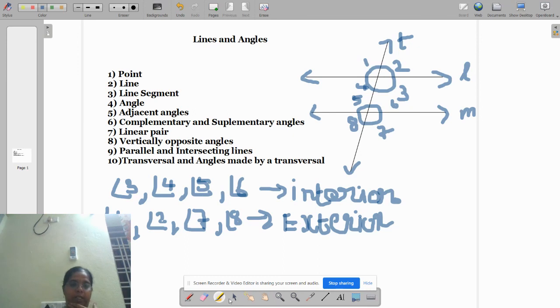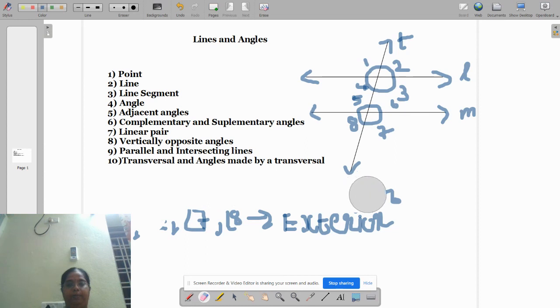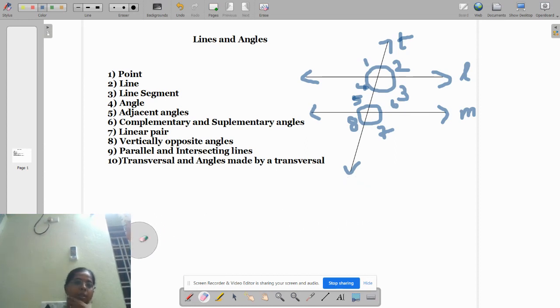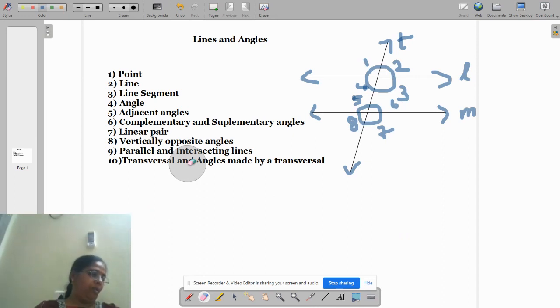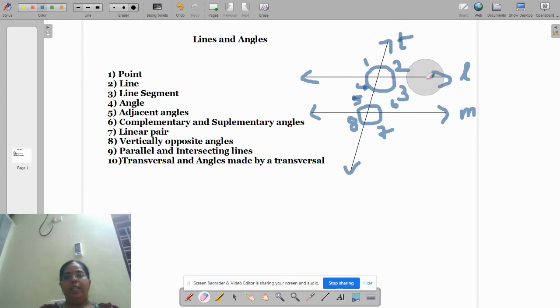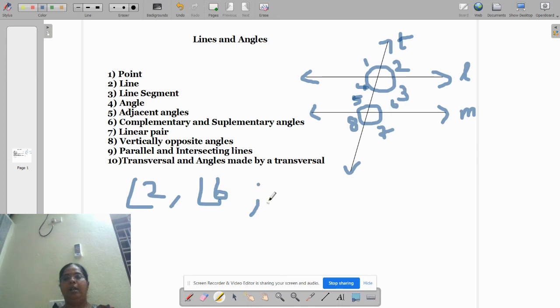Now, the next type of angles which are formed by a transversal. Angle 2 and angle 6, and in the same manner, angle 3 and angle 7.